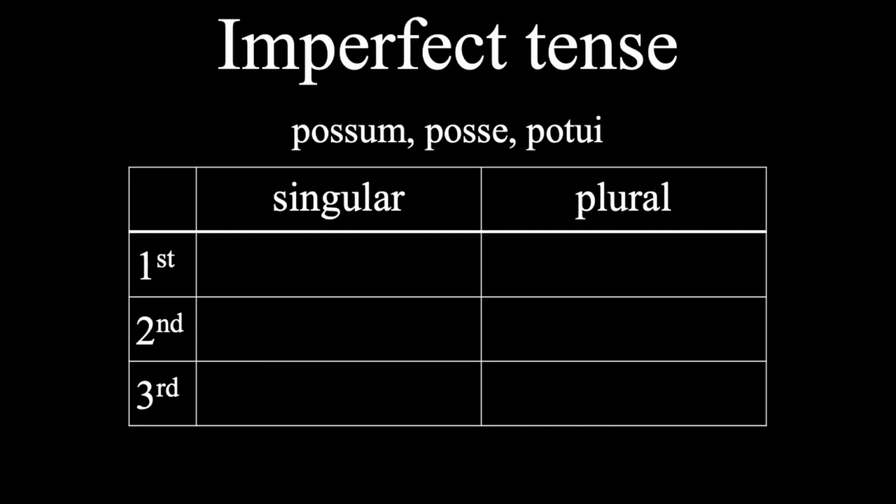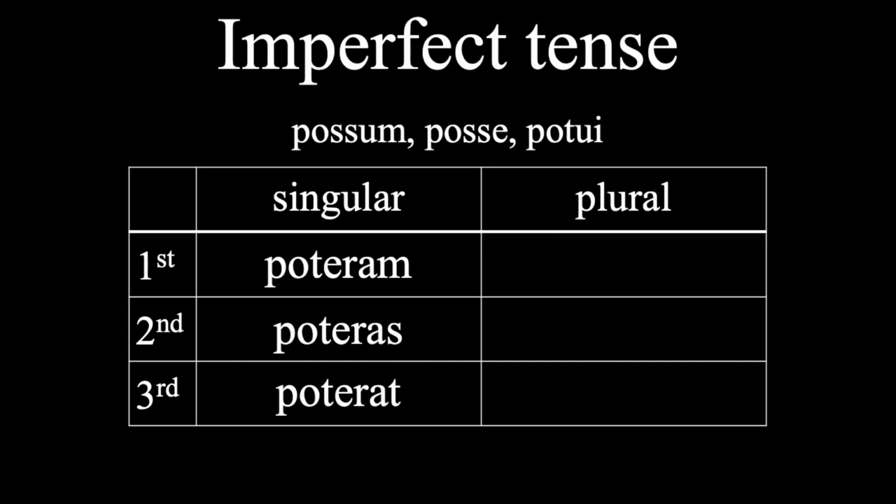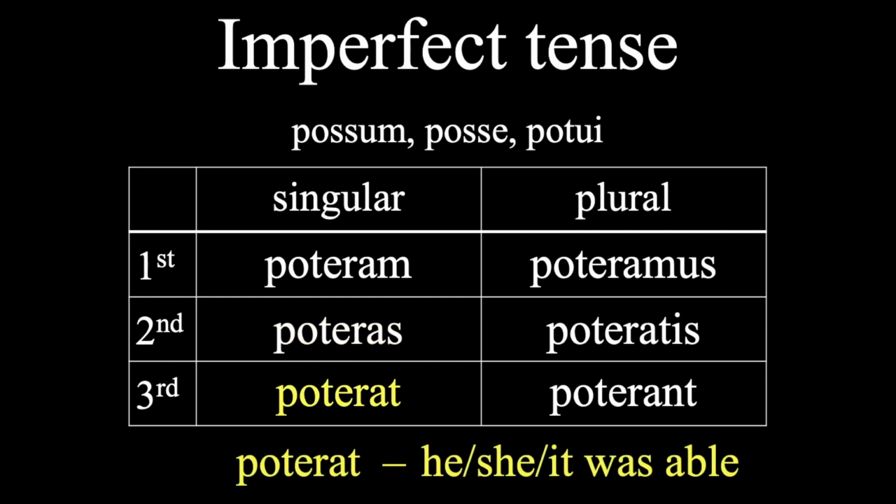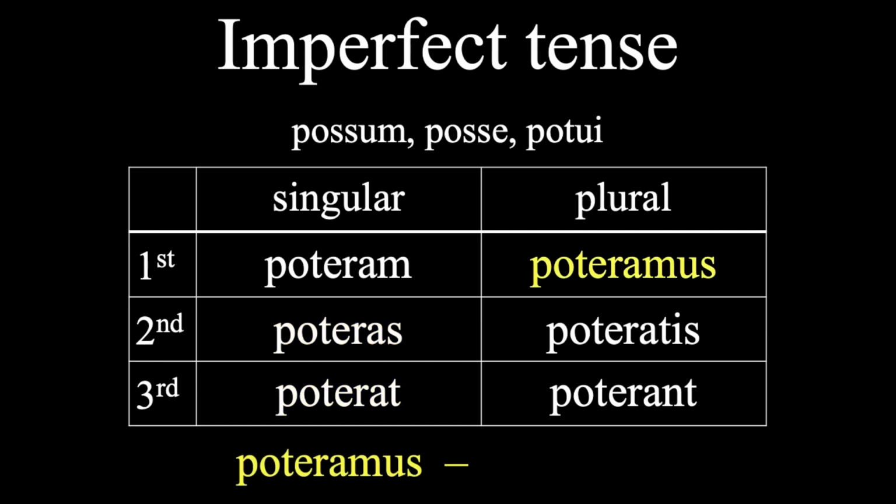So we'll get poteram, poteras, poterat, poteramus, poteratis, and poterant. The English translation of this will be I was able, you were able, he or she was able, could be it was able as well. We were able, you were able, and they were able.